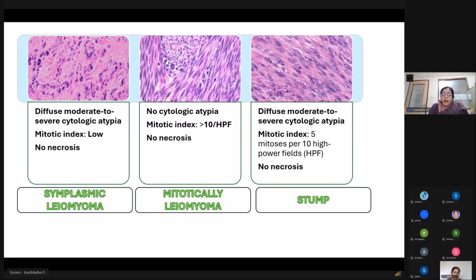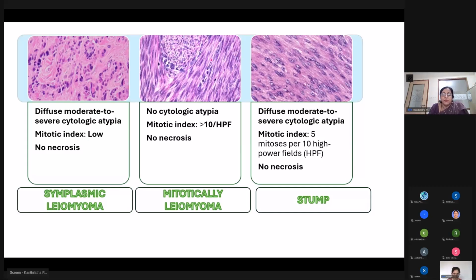When there is no atypia, it's called a mitotically active leiomyoma. When it has diffuse atypia, but the mitosis is not enough, for example less than 10, and no necrosis, then it is a smooth muscle tumor of uncertain malignant potential. This is very important in categorizing smooth muscle tumors.